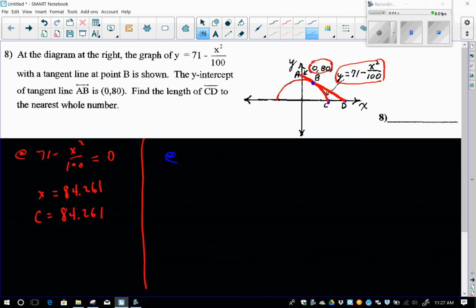So at the point of tangency, we know two things: one, the functions are equal, and two, the slopes are equal.